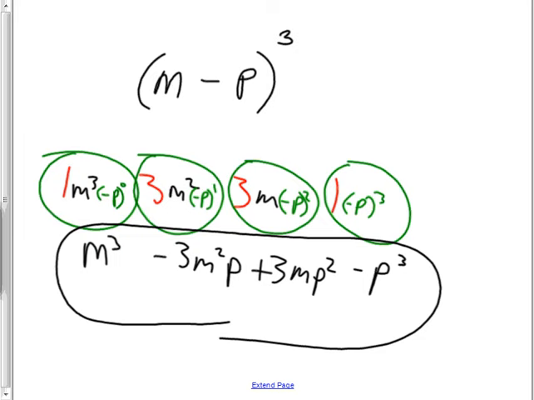Okay, of course, it can get a little more complicated. I'm just going to give you one more that steps it up just a little notch. Use binomial to do this. I know you could FOIL it, but I'm trying to avoid having to make it really big and long. So just use binomial.